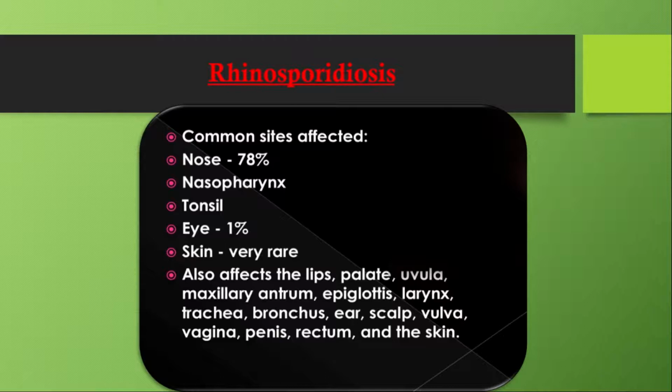It can also involve the nasopharynx, tonsils, eyes in 1%, skin very rare, and also affects the lips, palate, uvula, maxillary antrum, epiglottis, larynx, trachea, bronchus, ear, scalp, vulva, vagina, penis, rectum, and the skin.